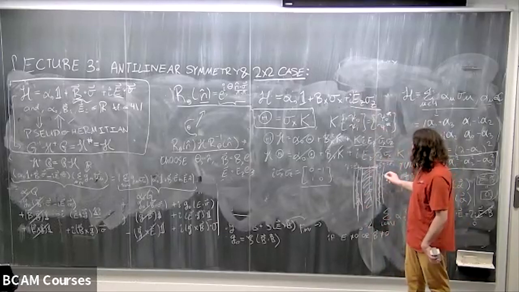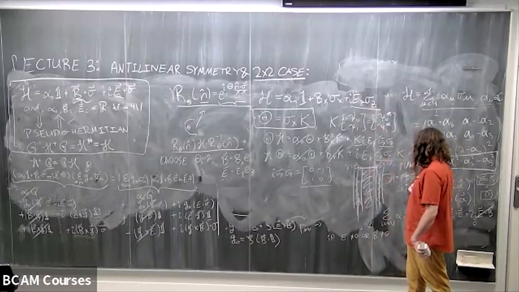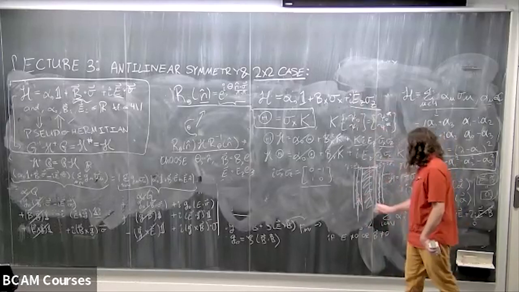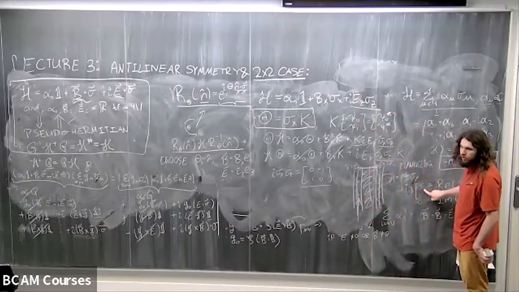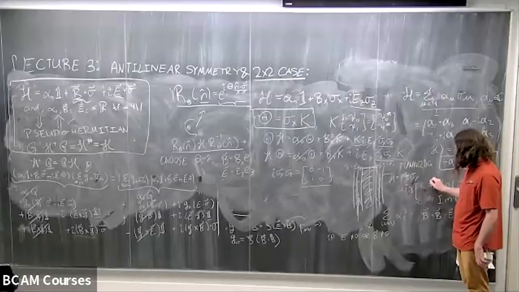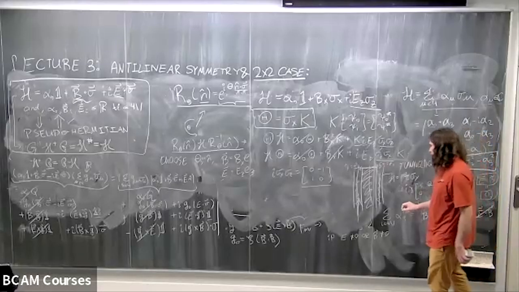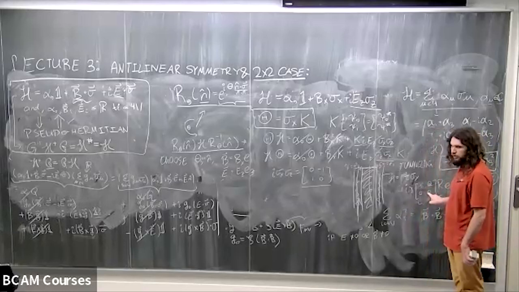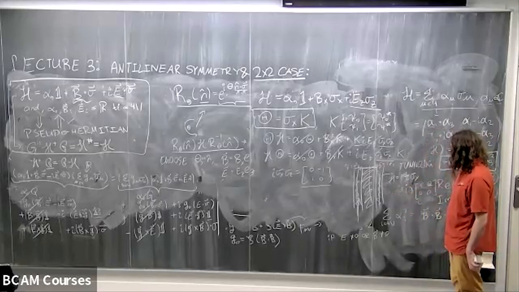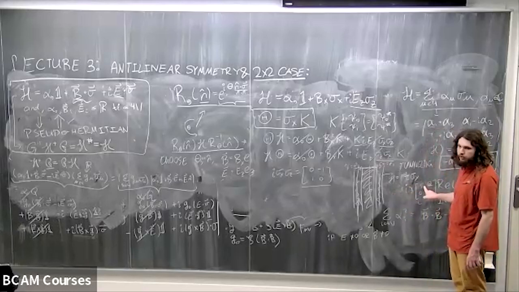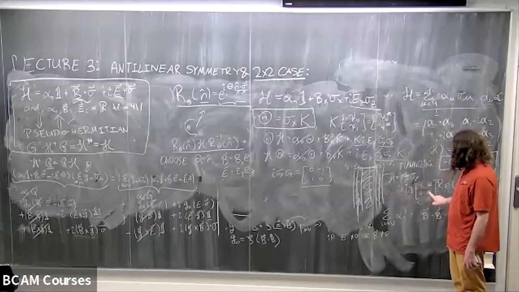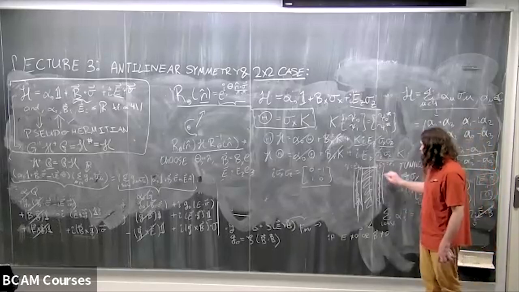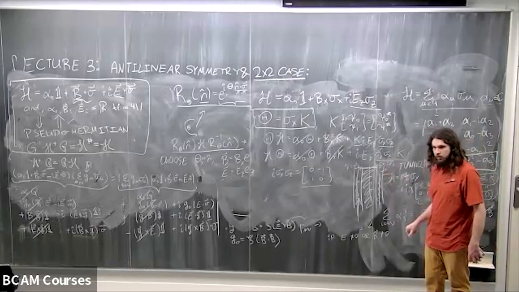So to have gain in the left channel, you can have say an entry of 1 here. And if I just do this, then this won't have an anti-linear symmetry because the spectrum of this thing is not symmetric. So then what they do is they make this channel lossy.